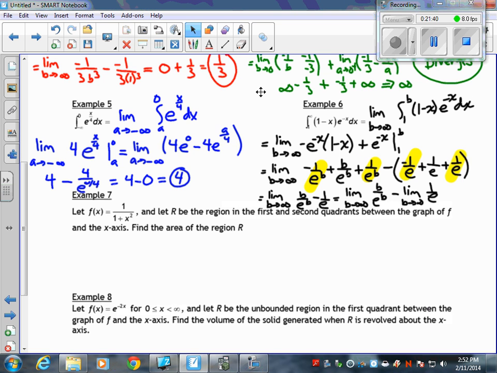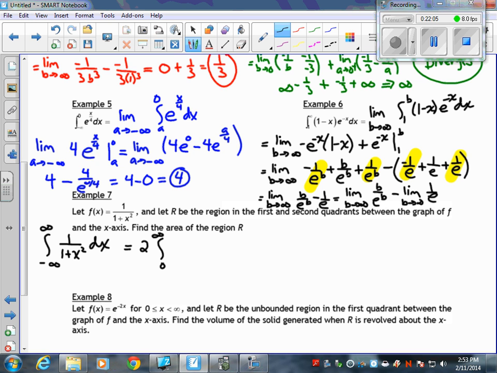So what that means is we are trying to take the integral from negative infinity to positive infinity of 1 over 1 plus x squared dx. So that's the integral we are trying to find. Now that makes me have two limits, which I'm not really happy about, but because this was symmetric about the y-axis, what I can do is do 2 times the definite integral from 0 to positive infinity of 1 over 1 plus x squared.